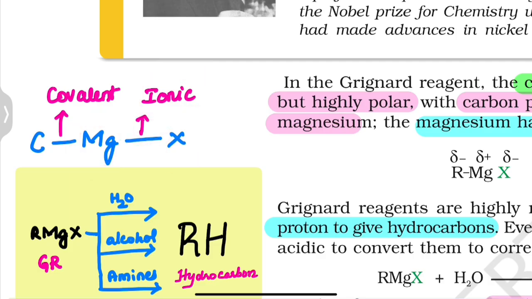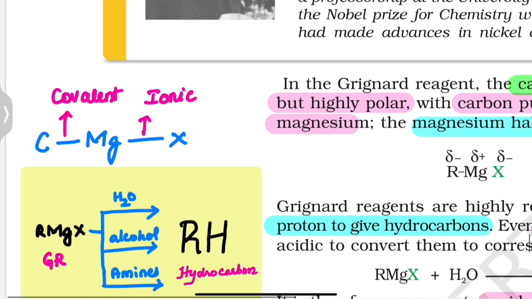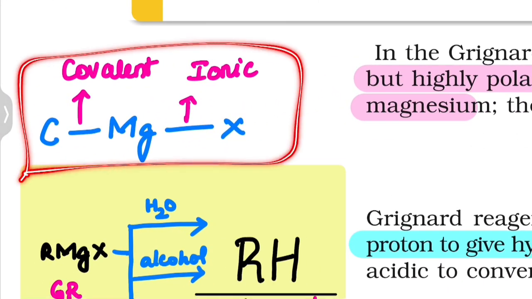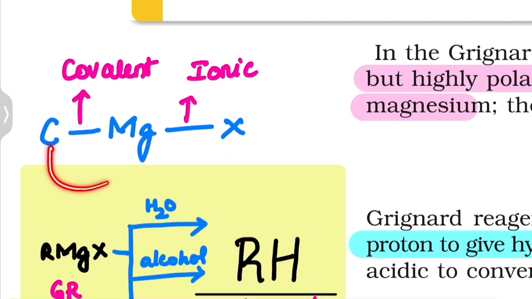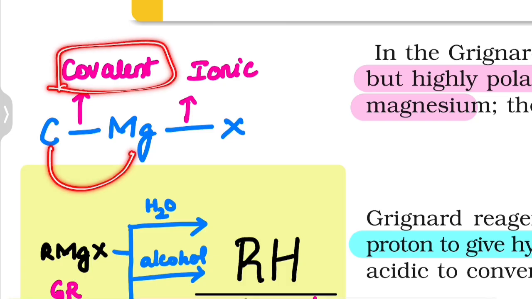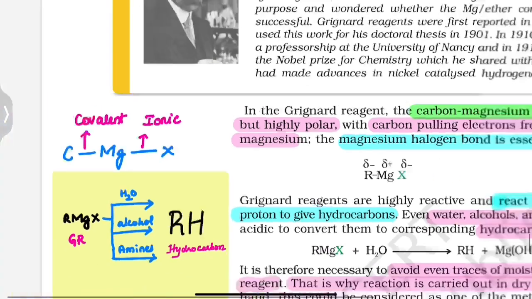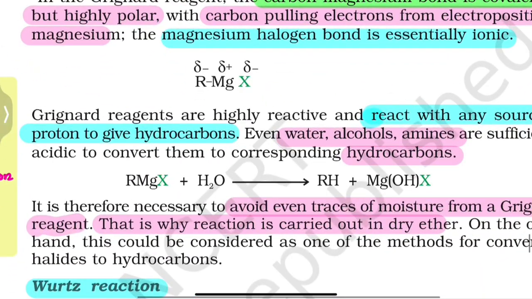Because of which you can see halogen will have a partial negative sign and magnesium will have a partial positive sign. So there are two types of bonds present which you have to make a note of. Between carbon and magnesium it is covalent bond. Between magnesium and halogen it is ionic bond. So here you can see in the textbook.